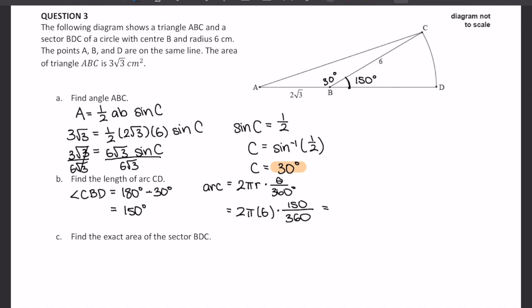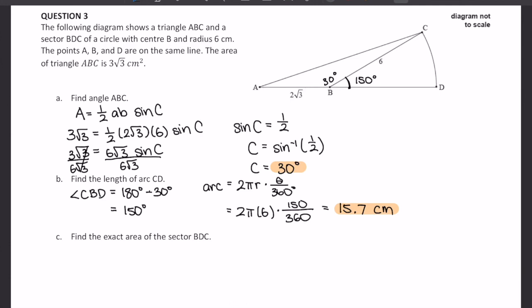Plugging that into the calculator, to three significant figures, we're looking at 15.7 centimeters for the length of arc CD. Don't forget your units there.